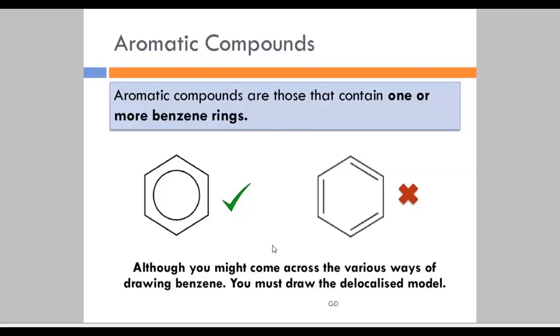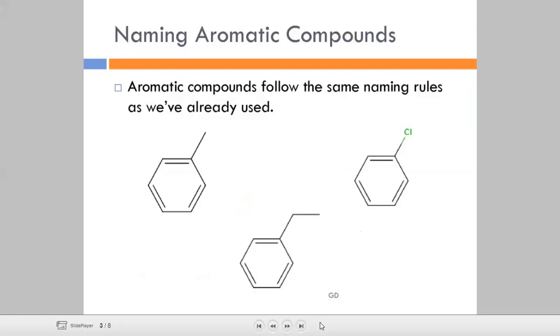All right, so even though you know that the double bond could be here, there, here, it's much better if you draw the benzene ring with the circle inside, because that way you're stating that it could be anywhere, as we discussed before.